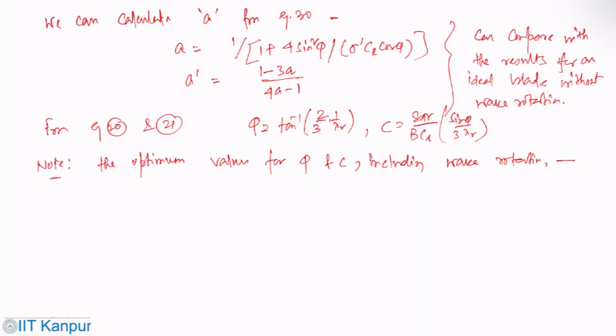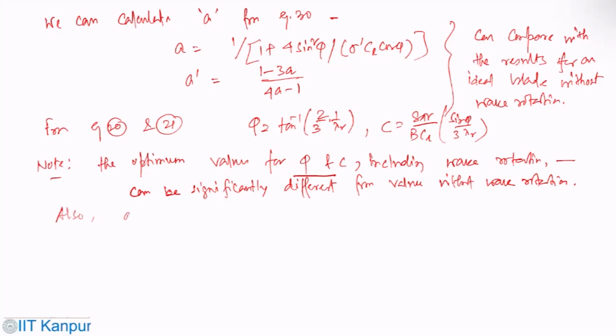So this optimum value, including wake rotation, can be significantly different from values without wake rotation, which is quite obvious because the wake rotation takes into account a lot of physical processes that usually take place in a realistic scenario.